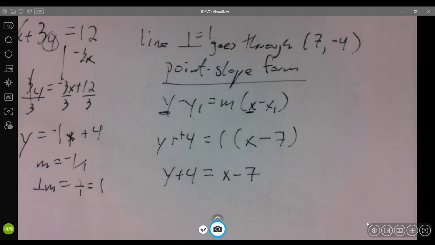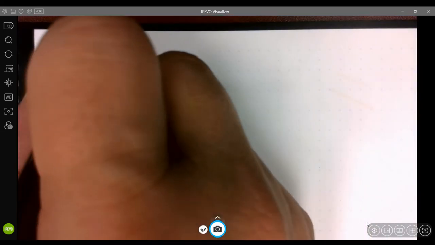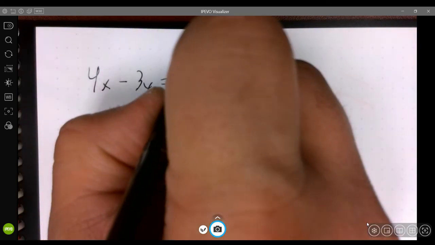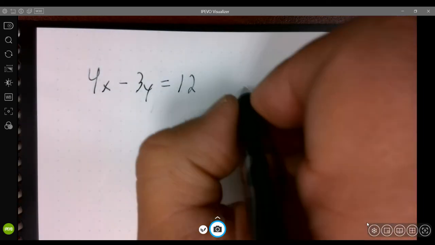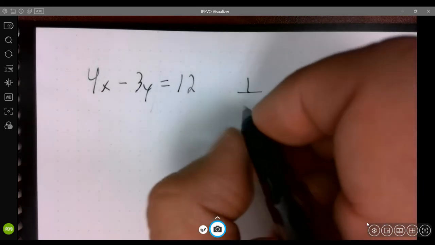All right, let's take a look at one more like that. So what we have again is we start with an equation. Let's say I have 4x minus 3y equals 12. And I wanted to find, I'll do perpendicular just because it does more.